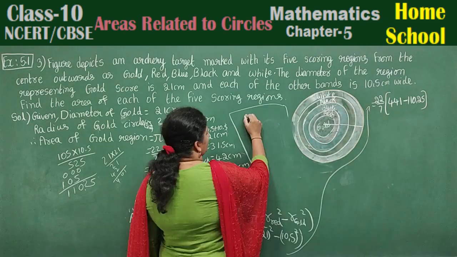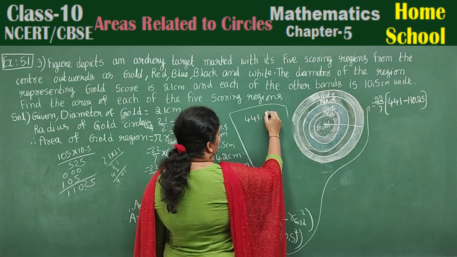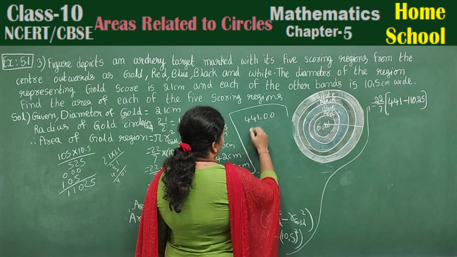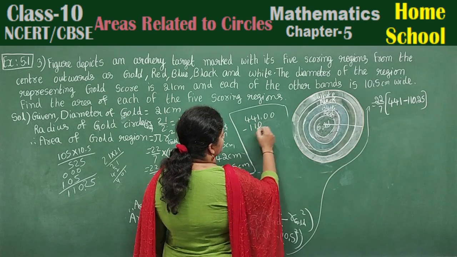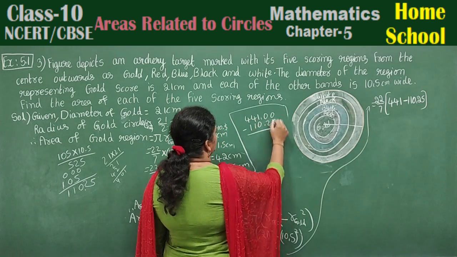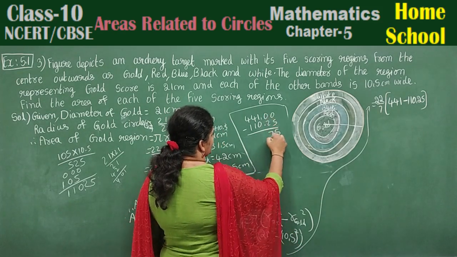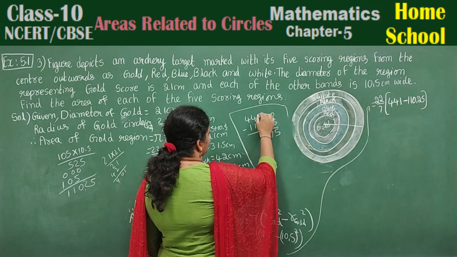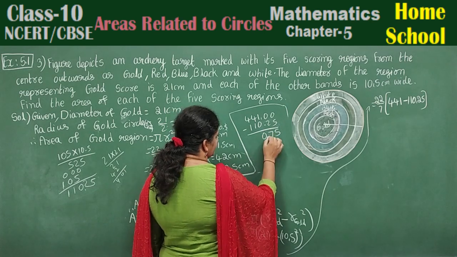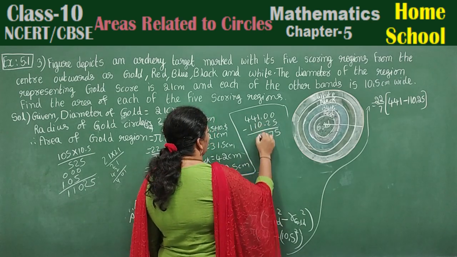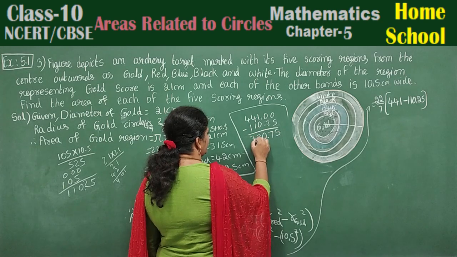Subtract these two. 441.00 minus 110.25. 10 minus 5 will be 5. 9 minus 2 will be 7. And here you have 0. Drag as it is. 0 minus 0, 0. 4 minus 1, 3. 4 minus 1, 3.